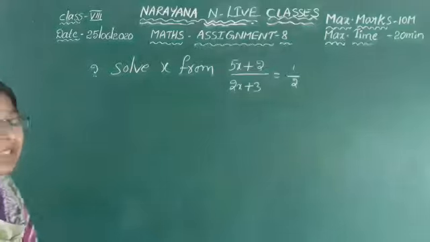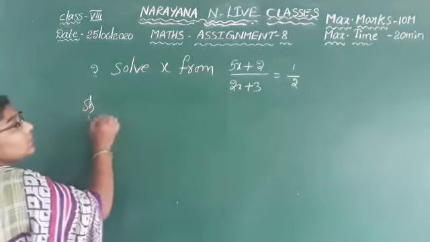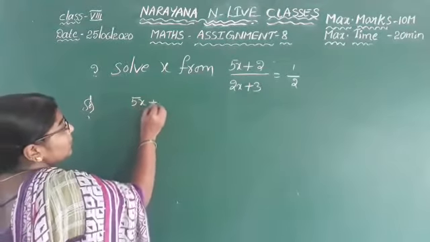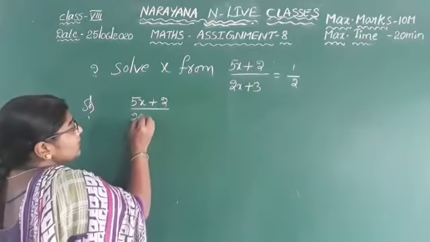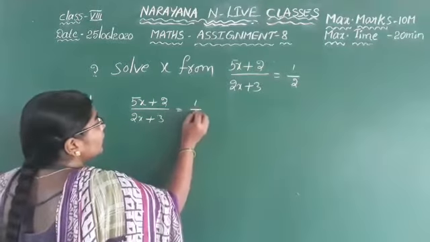So first, what is given in the question? 5x plus 2 by 2x plus 3 is equal to 1 by 2.